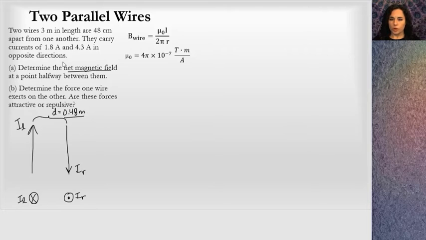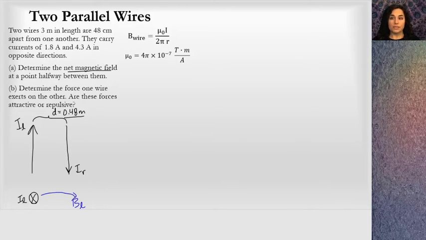Determine the force one wire exerts on the other. And so I picked this problem because this is typically something students struggle with. If there were no right-hand wire, let's imagine the right-hand wire isn't there, there would be a magnetic field at this point due to the left-hand wire. Even if the right-hand wire wasn't there, there'd be a magnetic field there due to the left-hand wire.